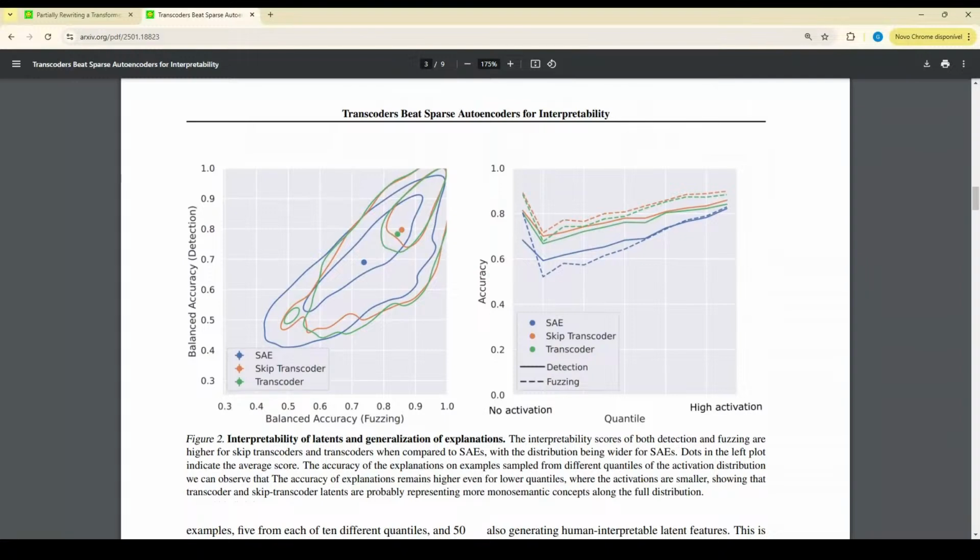Obviously, this is a much less precise measurement of how good an explanation is than, for instance, simulation, where you ask the model to predict the activation of the latent on multiple tokens. But because activations are so sparse, simulation gives you a very low amount of signal in terms of diversity of prompts.